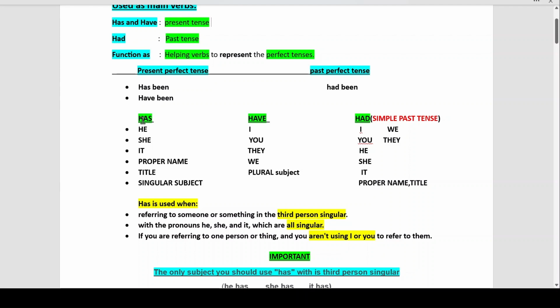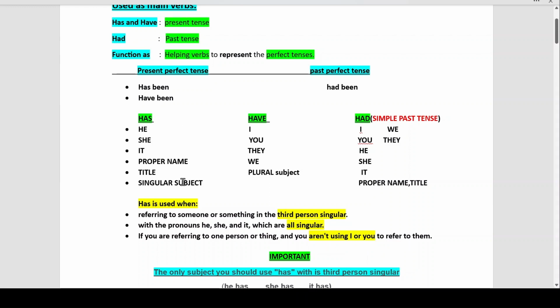So, has is used in all these cases when we are referring to he, she, it, or any proper name, or any title, or any singular subject. Singular subject means one subject. Now, when is has used? When we are referring to someone or something in the third person singular. And it is used with the pronouns he, she, and it. They are all again singular. If you are referring to one person or thing and you are not using I or you to refer to them, then has is used.